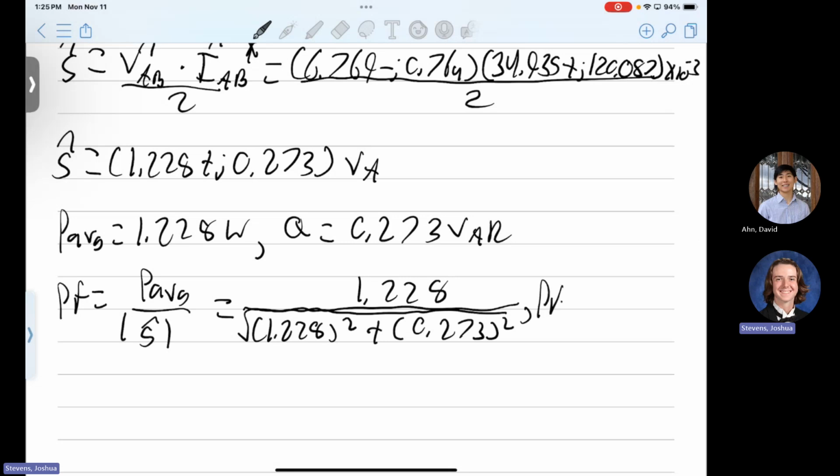Our power factor becomes 0.976. And I believe that's unitless. Cool.